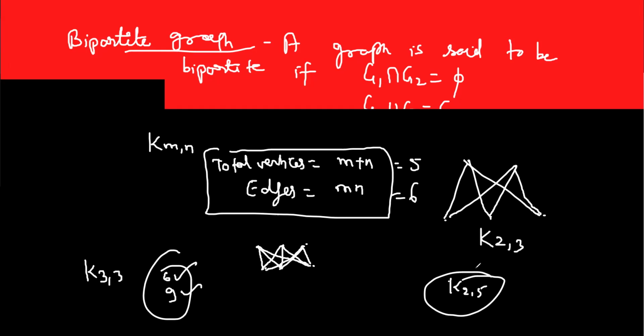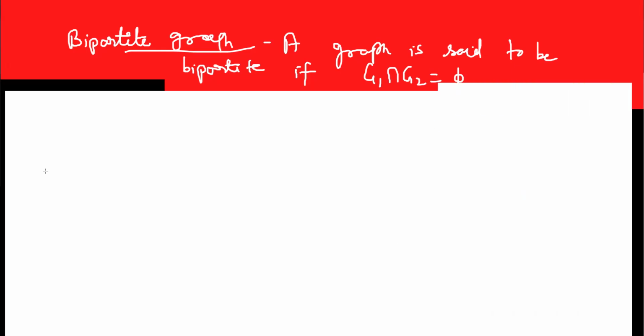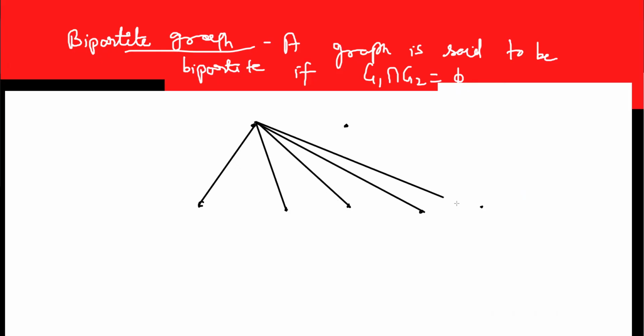No, you have to find what G1 is. Let's suppose K2,5, right? How will you decide which one is G1 and which one is G2? Draw the graph.